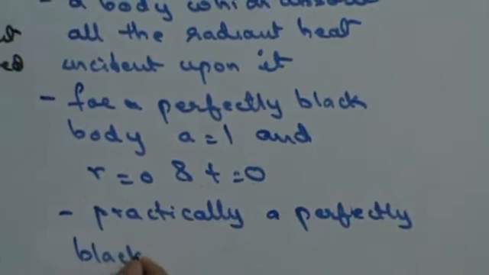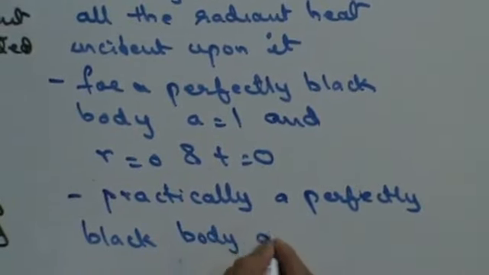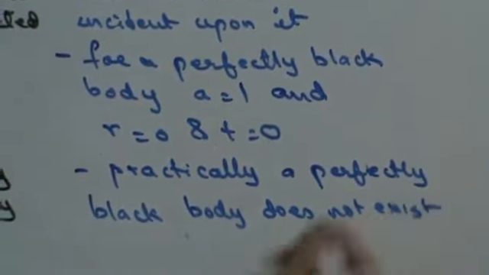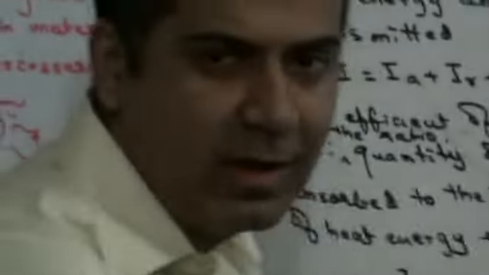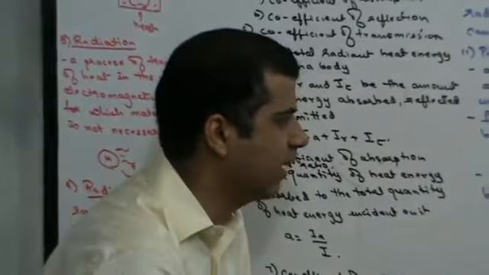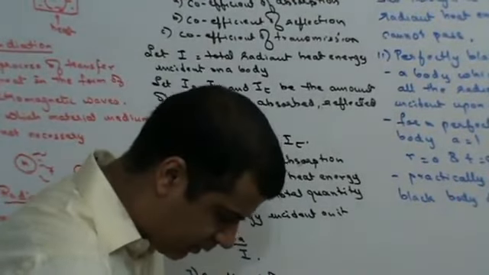Fine. So, hence for all practical purposes, when you're doing an experiment, you would consider lamp black to be a perfectly black body. For lamp black, the value of A is 0.98. So it's approximately 98%. Right?